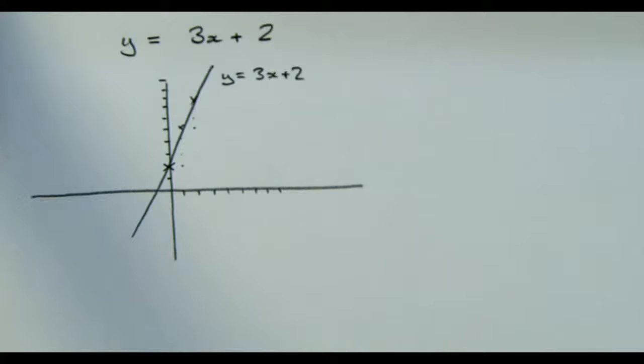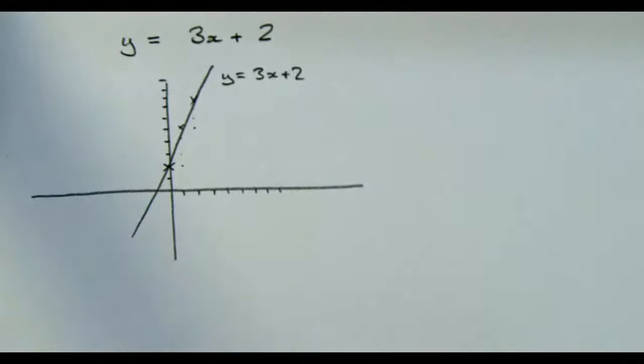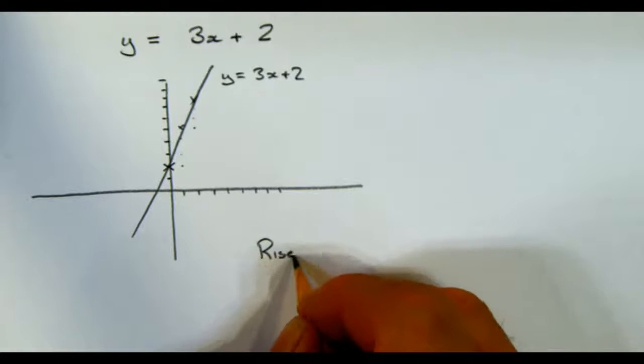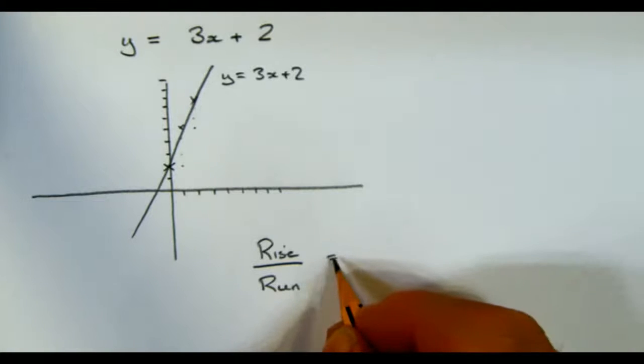So let's see if we can calculate the gradient. Well, how do we go about trying to calculate the gradient for this? It's not really that difficult. We could start off with the idea that the gradient is the rise over the run.